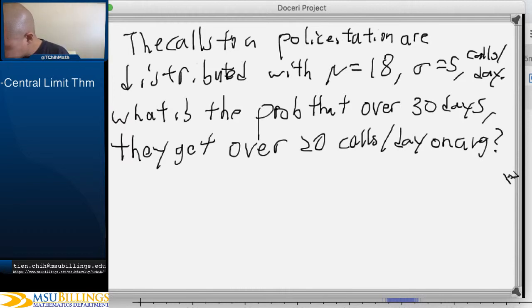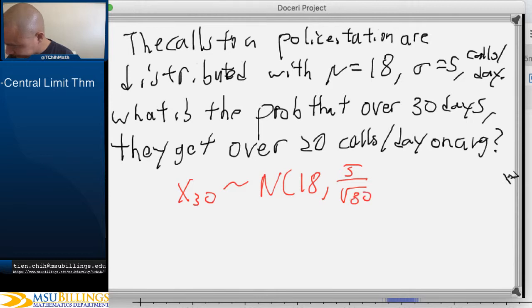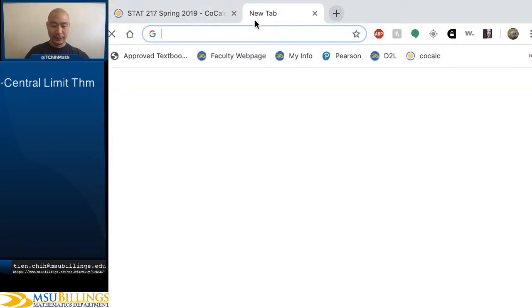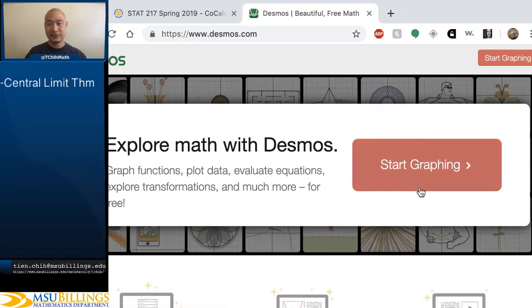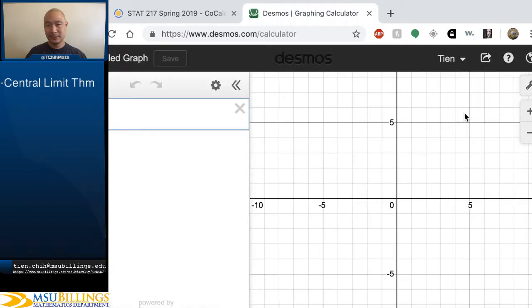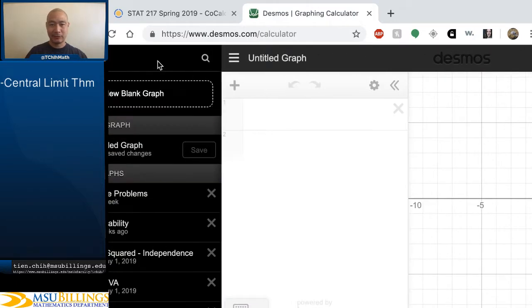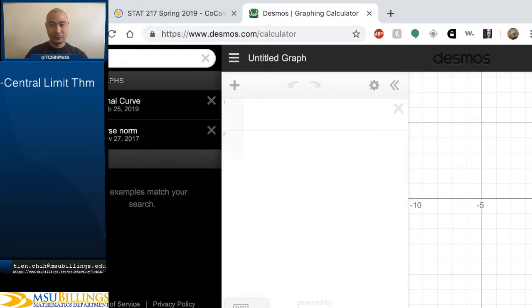But what we know is that x-bar 30 is approximately normal with mean 18 and standard deviation 5 over square root of 30, and I'm talking about over 20 calls a day. So we go over to Desmos, and we go over to our normal curve.